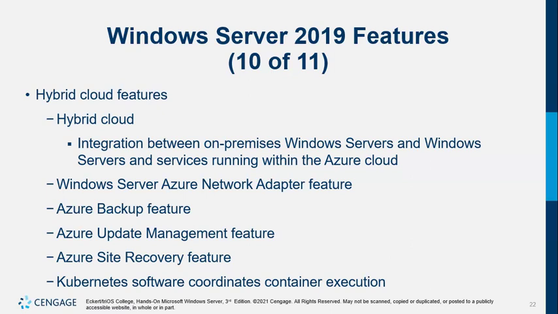You have additional features for backing up to Azure Cloud. Some of the management features, site recovery, so if you needed to recover a site after some type of disaster, and Kubernetes software, which is in coordination with the containerization stuff we were looking at.